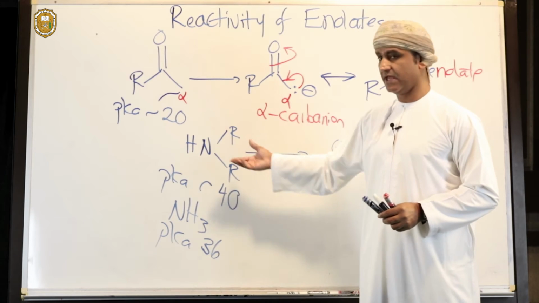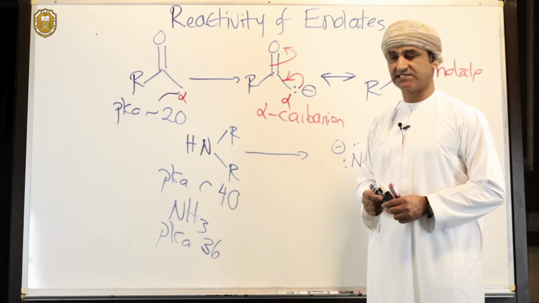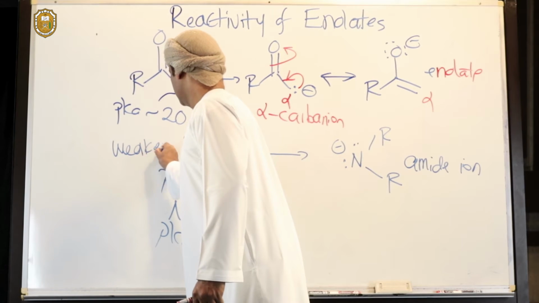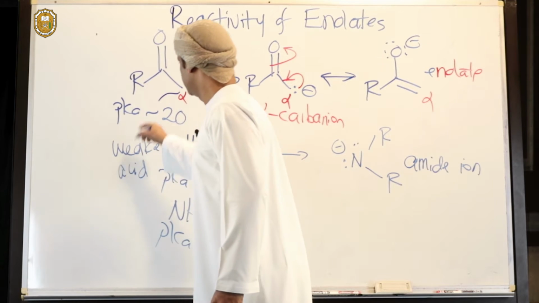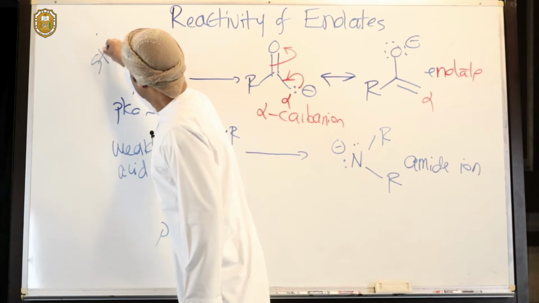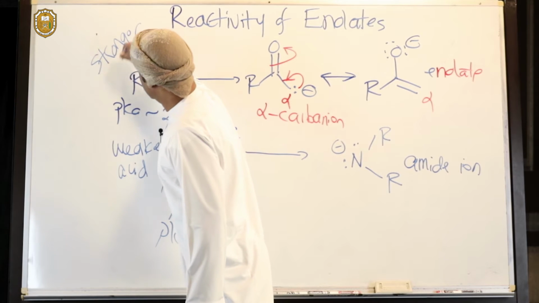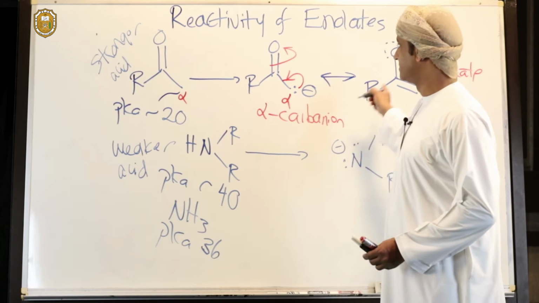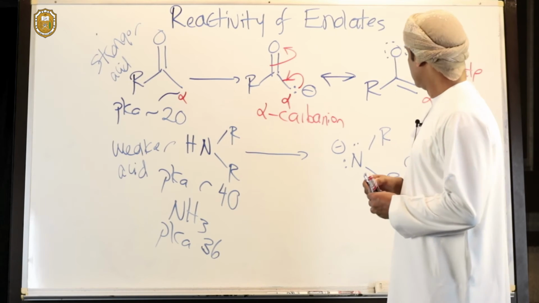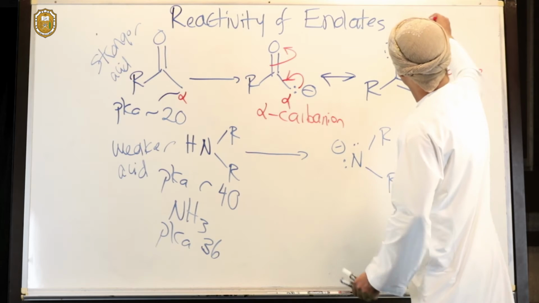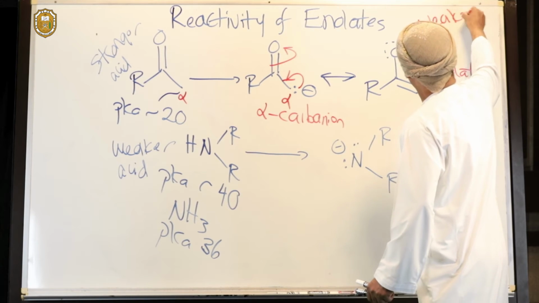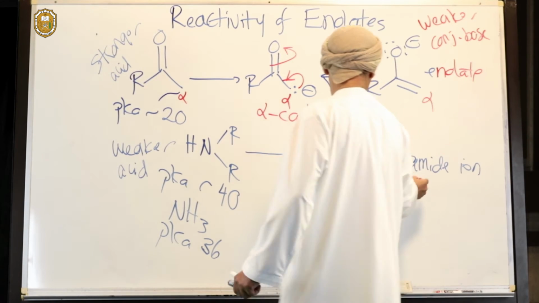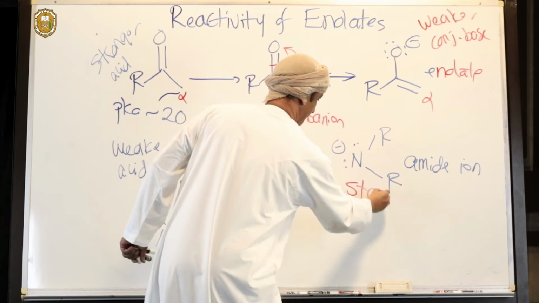Between these two, obviously, the amine is the weaker acid. The ketone is the stronger acid, and of course the alpha carbonyl or the enolate is therefore the weaker conjugate base. The amide ion is the stronger conjugate base.